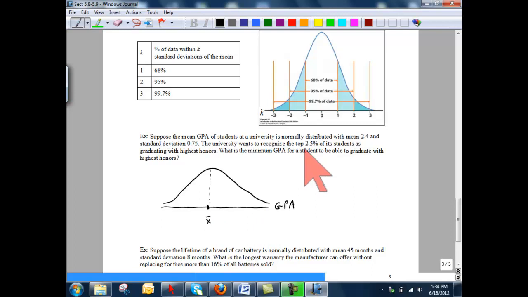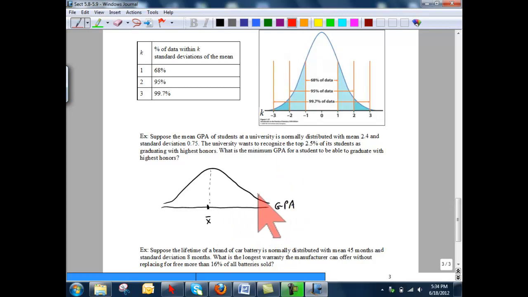And I'm interested in discussing the top 2.5% of the students, or of the GPAs. So down here are the lower GPAs. Here are the roughly average GPAs, and the highest GPAs are up here in the right tail, it's called.